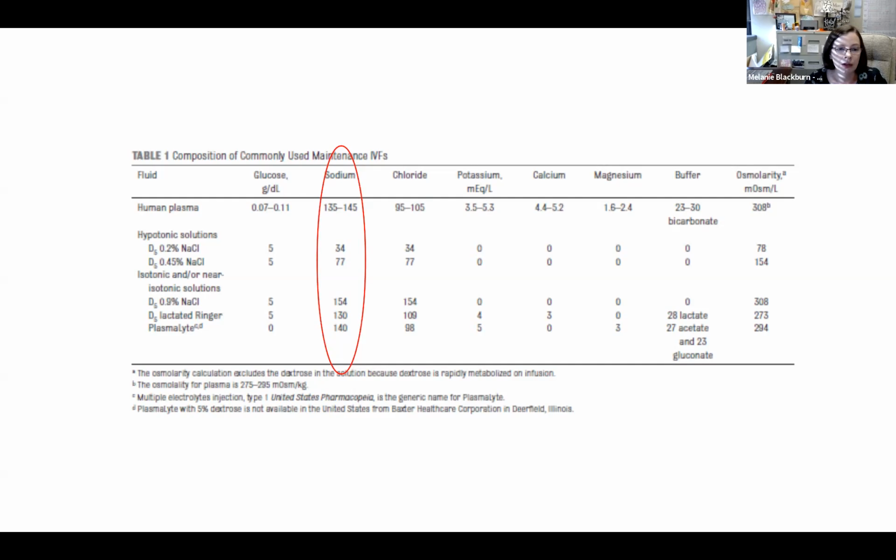Quarter normal is 34 milliequivalents of sodium per liter. Half normal is 77. Normal saline is 154. Lactated Ringer's is 100, and Plasma-Lyte, which we don't use a whole lot, is 140. So LR is a little bit hypotonic, and normal saline is a little bit hypertonic, but closer to what human plasma is to begin with.